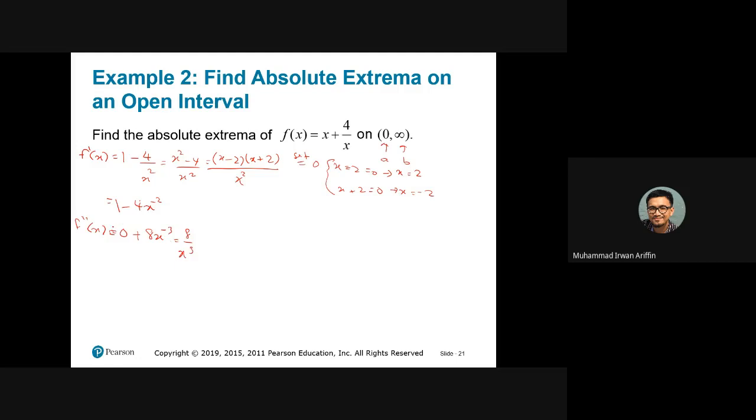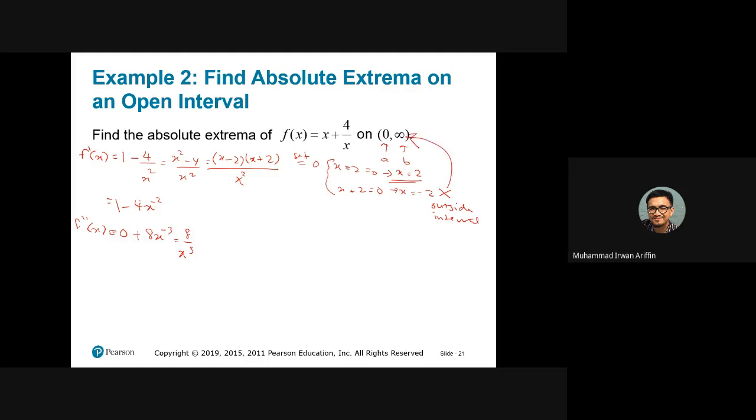Now, within this interval, 0 to positive infinity, we have only one critical number, which is 2. We ignore negative 2 because it is outside the interval, since x equals negative 2 is smaller than 0.